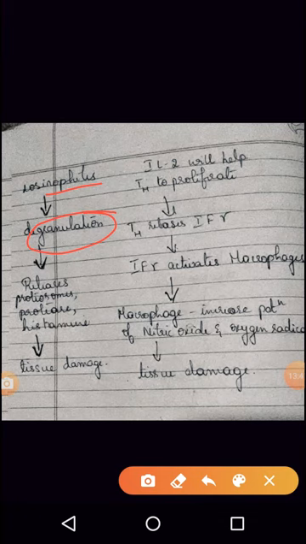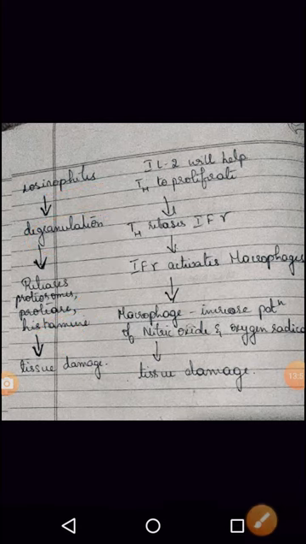It gets released out. It has proteases, histamines. You know that histamines, heparins, they are allergens basically, isn't it? They ultimately result in tissue damage. So these are the different types or pathways of hypersensitivity type 4.